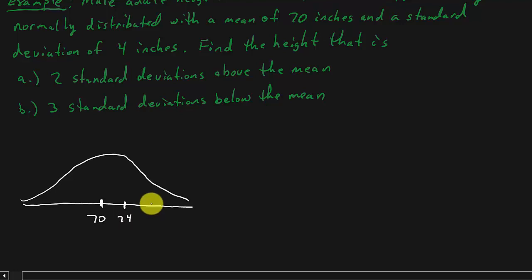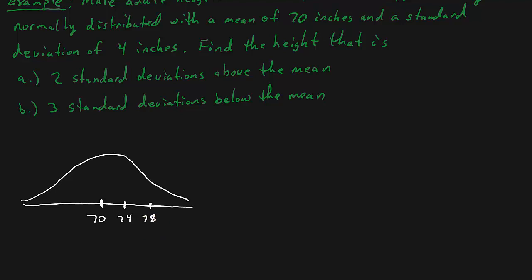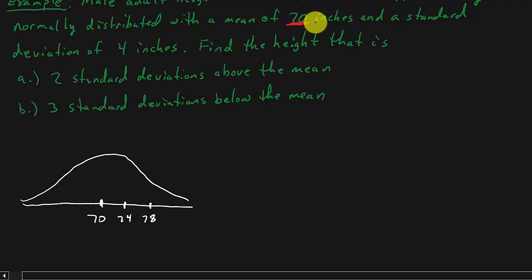And if I go 2 standard deviations above the mean, that would be 78. Now, how do I get that? Well, remember, this is the mean, and your standard deviation is 4. So 1 standard deviation would be 4 units, and then I go another standard deviation, so I go another 4 units. See that?